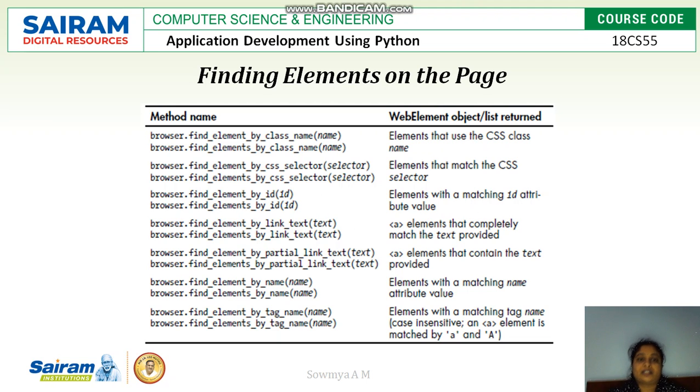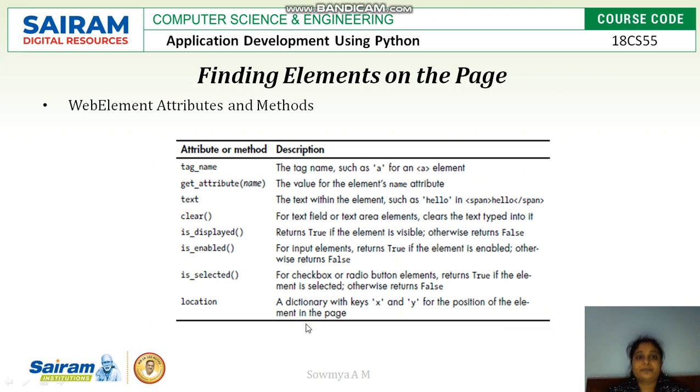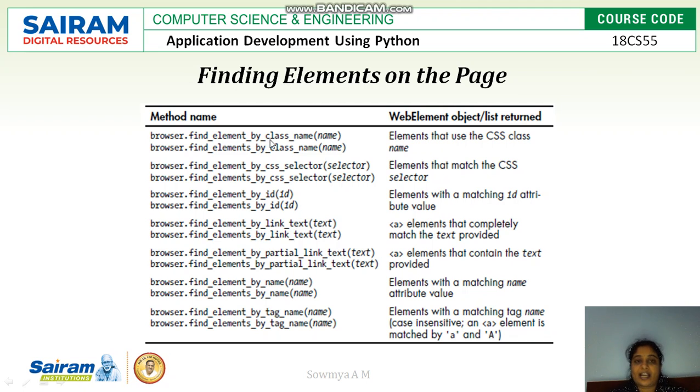So here are the find element methods: we can find elements by class name, by CSS selector, by ID, by link text, by partial link text, by name, by tag name and so on.